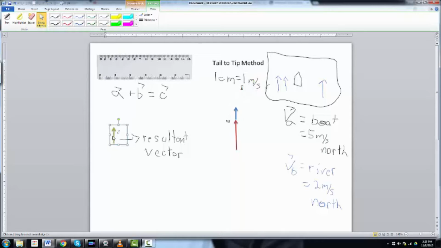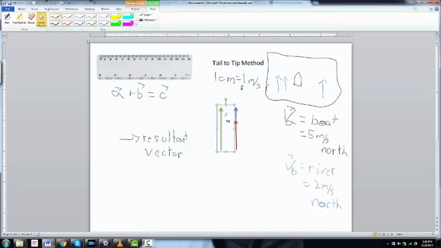Then to find the length of the vector, I would line up the vector, put the tail of my C vector to the tail of my A, and I will stretch my new resultant vector up to the tip of the combined. So I've got A plus B is equal to my C, and now that's how long my C vector is.